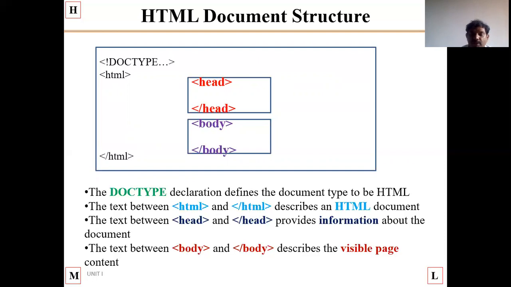For example, less than head greater than, we write welcome to the GRA, and close the head with less than slash head greater than. We execute the program by giving the headers from H1 to H6. Then you can display it on the web browser, providing information about the document.